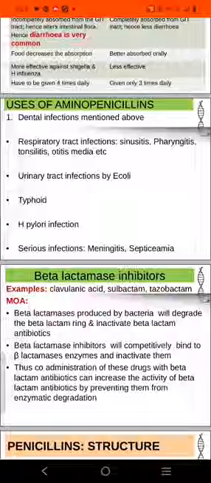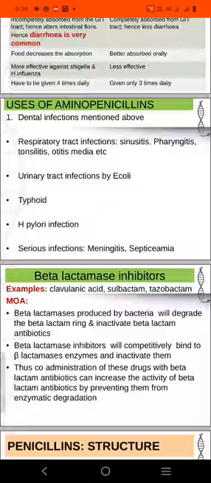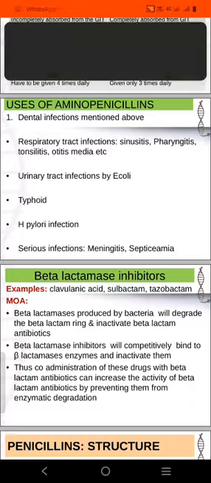Again typhoid, which is caused by Salmonella typhi, a gram-negative organism. H. pylori is the organism which produces peptic ulcer. So Helicobacter pylori, in that regimen also we have amoxicillin. Serious infections like meningitis. Septicemia means bacteria in the blood is known as septicemia.